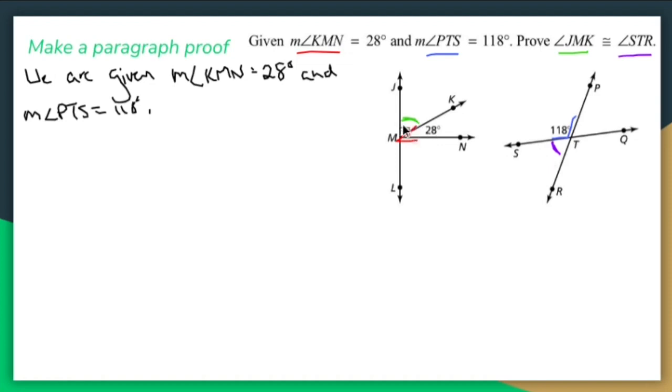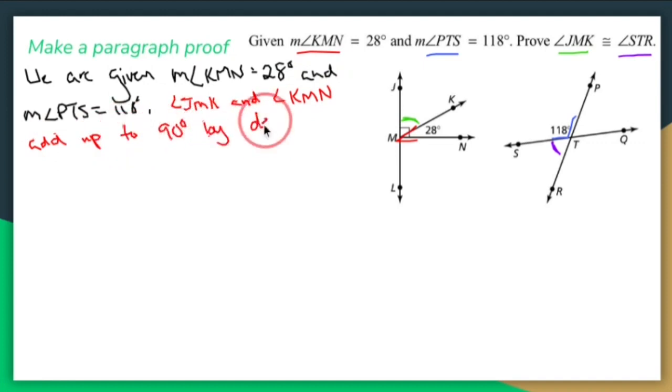Now, what I know is I see that right angle right there. So what I can say is that angle JMK and angle KMN add up to 90 degrees by the definition of right.